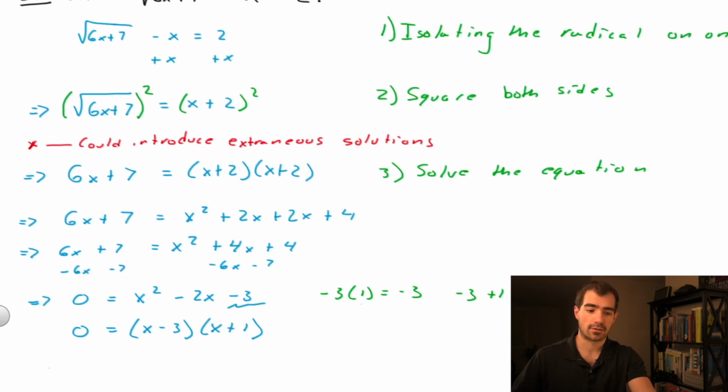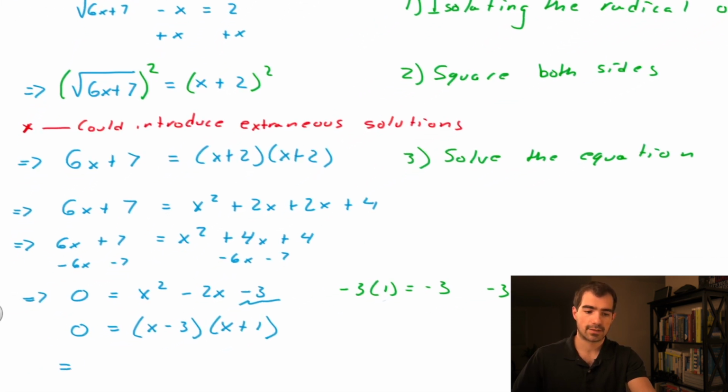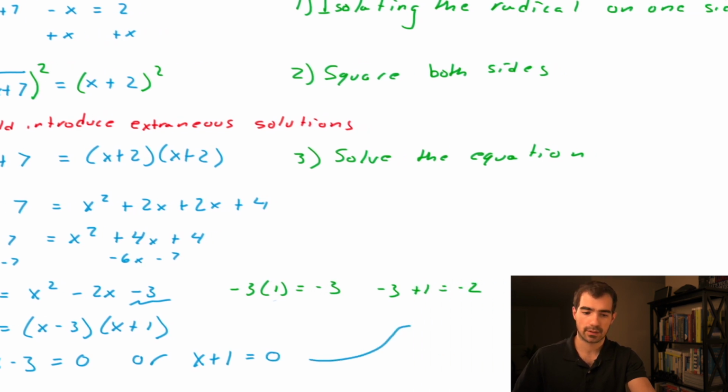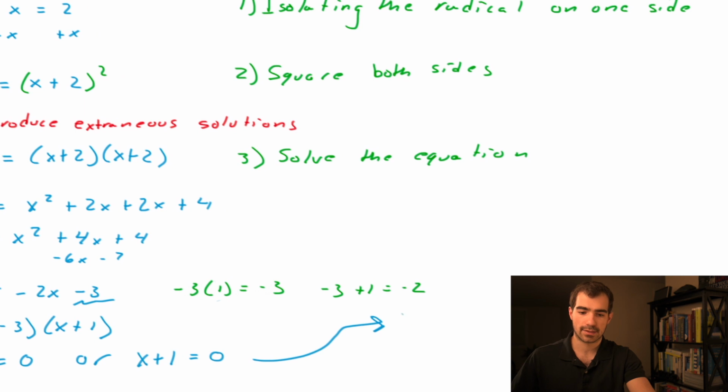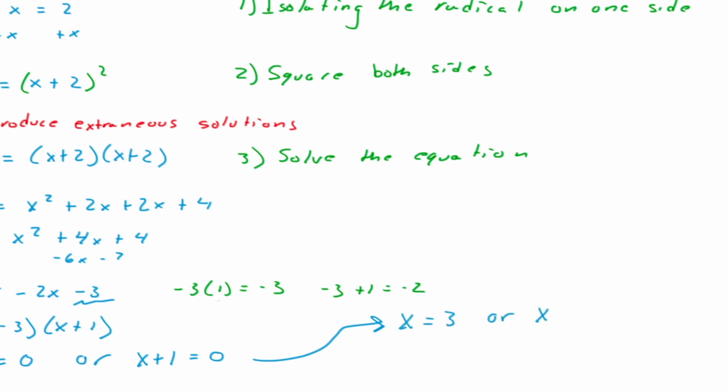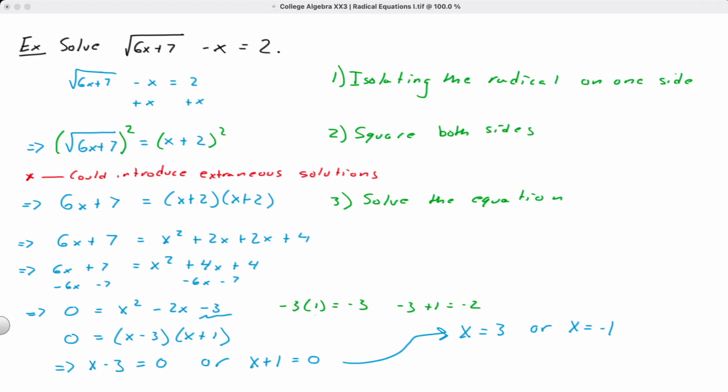Then using the zero factor property, this tells us that either x minus 3 is equal to 0 or x plus 1 is equal to 0. And I'm running out of space a little bit here, so I'll just come up over here to say that tells us either x is equal to 3 or x is equal to -1. And normally this is where we would stop and this would give us our final solution.